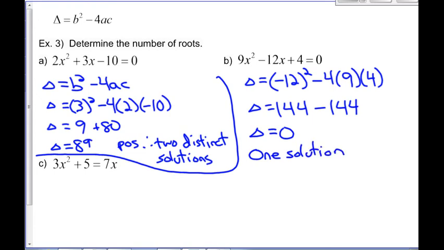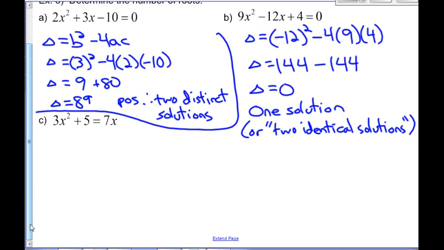Or you could think of it as 2 identical solutions. On the graph, it would just look like 1 point of intersection, though.